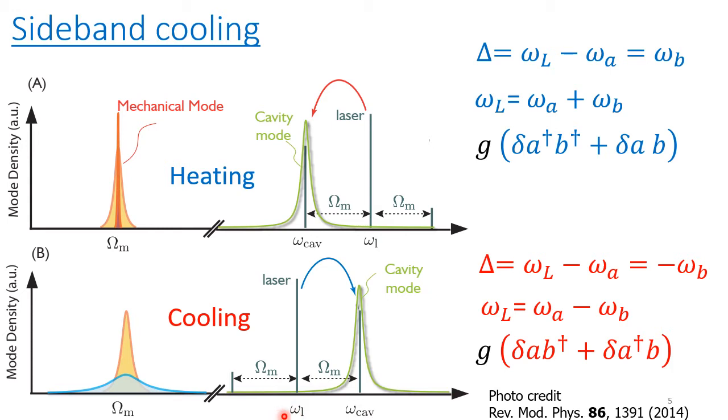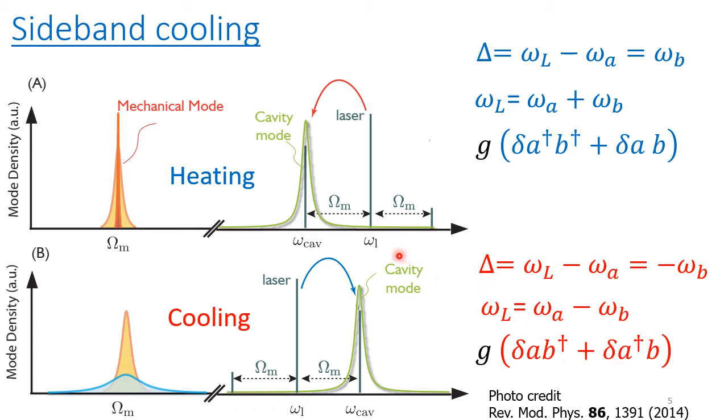If we select the laser frequency below the cavity frequency, in this case the photon can only enter the cavity mode by destroying a phonon from the mechanical resonator. Consequently, we get cooling, and in order to have such a process, we need to select red detuning, which leads to beam splitter interaction in the system.